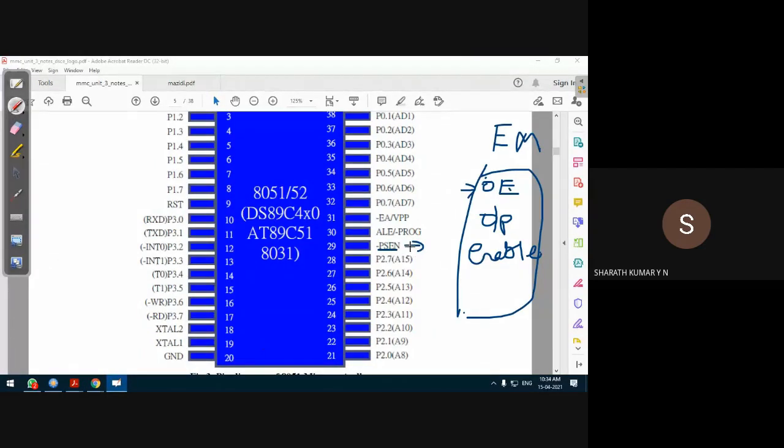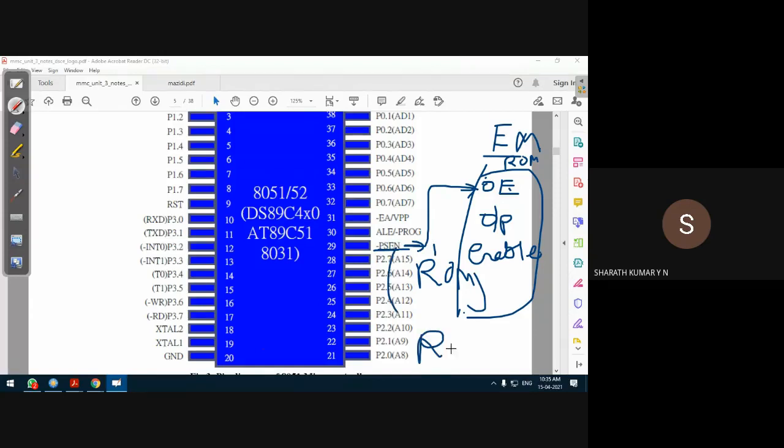This program store enable pin is connected to OE, that's output enable. If this pin is set to 1, that means the external memory, which is used as a ROM memory, will be enabled. As the name suggests, program store: what is a program? It is a code, basically an instruction. These instructions are stored only in ROM space. We know that they cannot be stored in the RAM space.